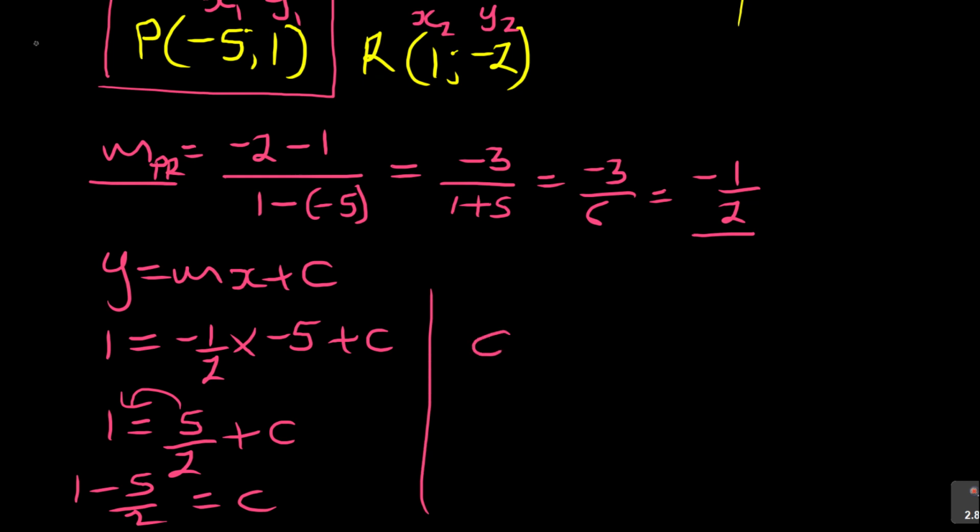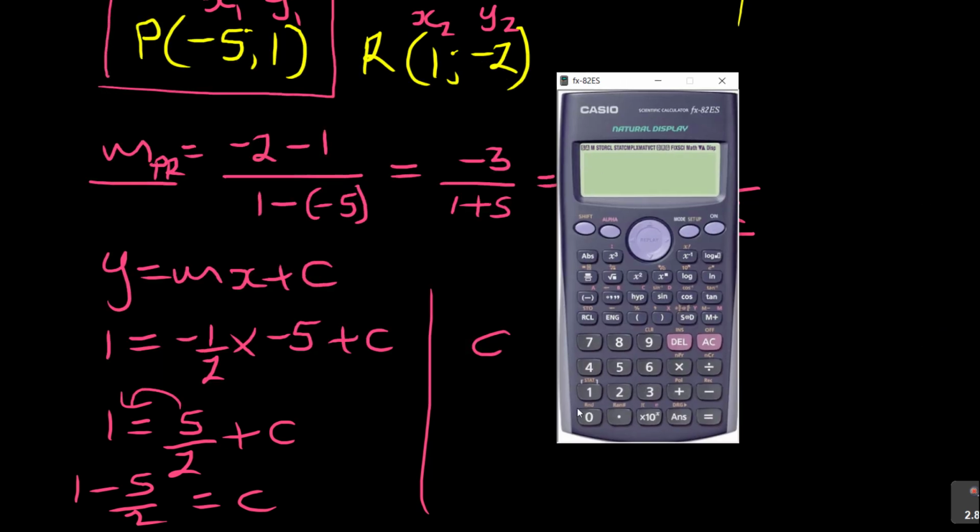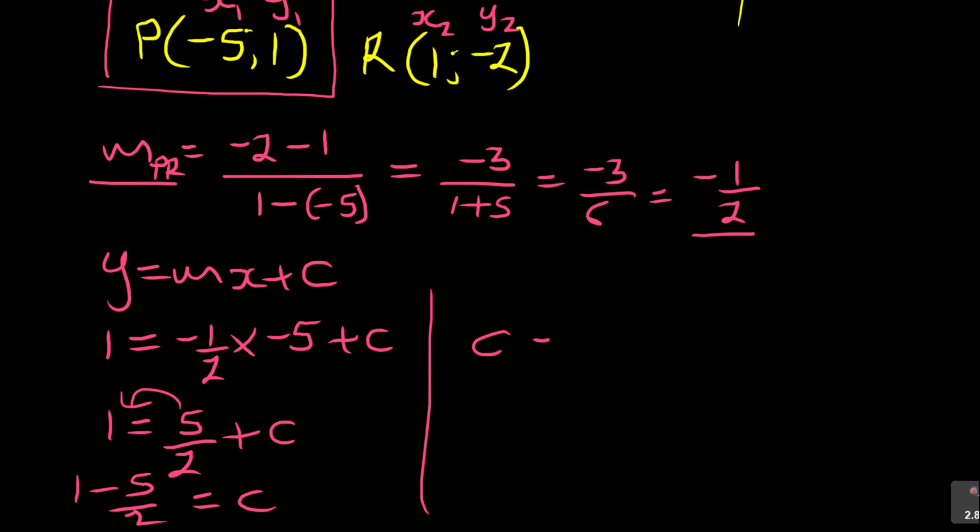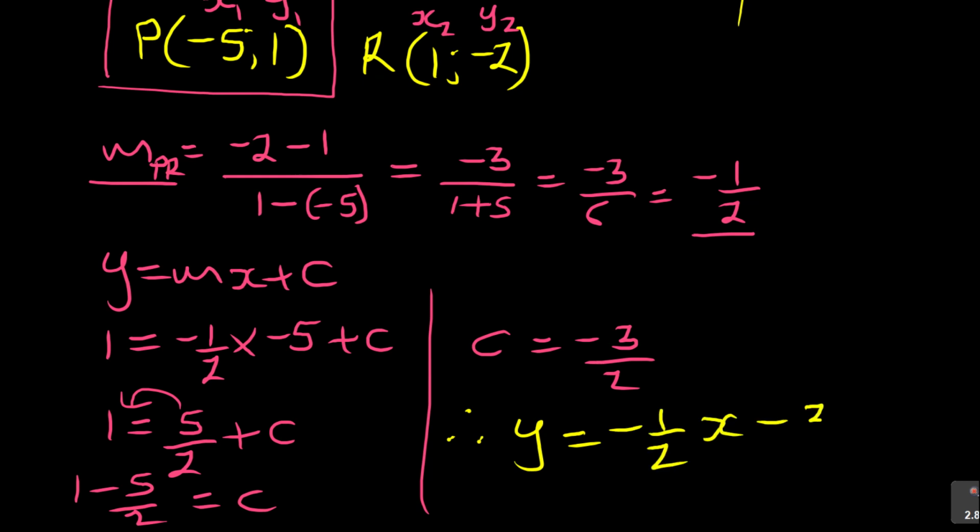It's 1 minus 5 over 2, which is negative 3 over 2. So now the equation of the line, you can say therefore y is equal to negative 1 over 2 x plus c, which is negative 3 over 2. They give you 4 marks for that.